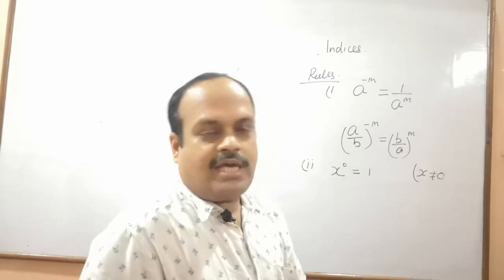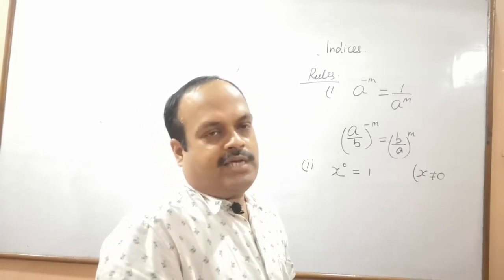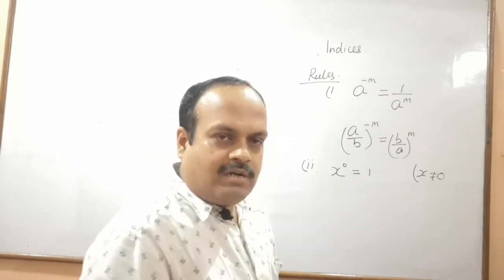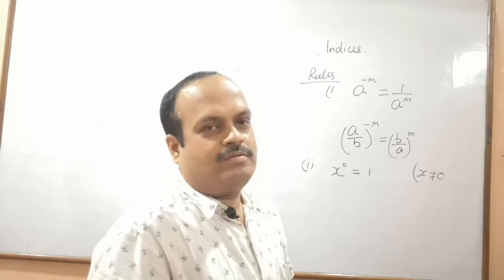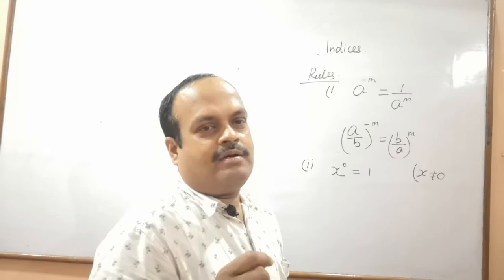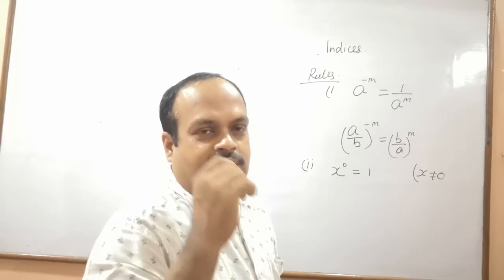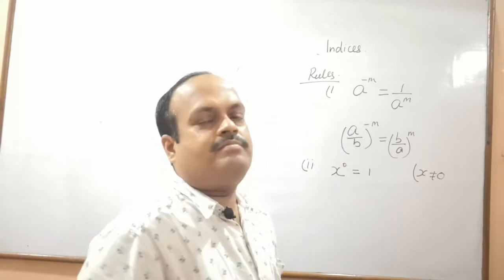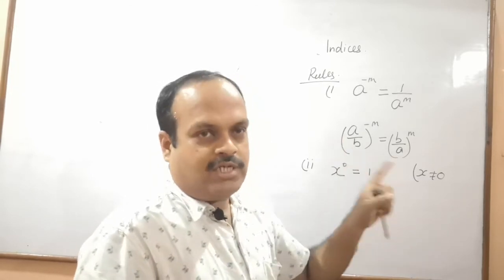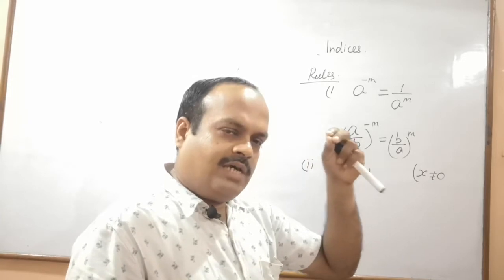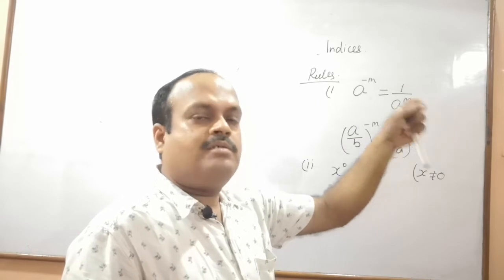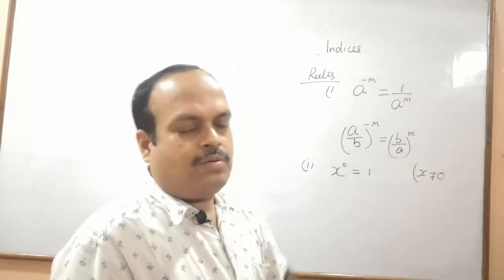Some of the teachers say x to the power 0 is 1, where x is any number. No, x is a real number which is not equal to 0. X should not be 0. It can be any number other than 0, and when we write its power 0, the result is 1.